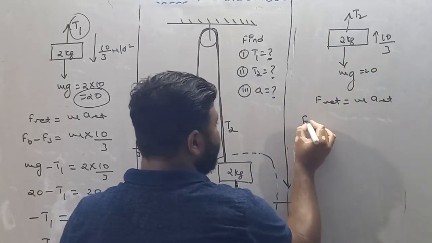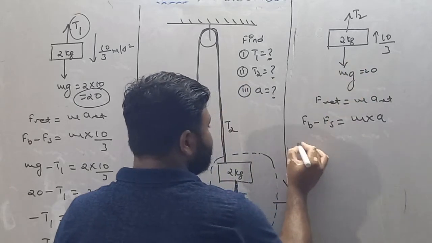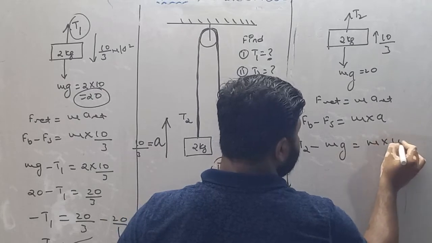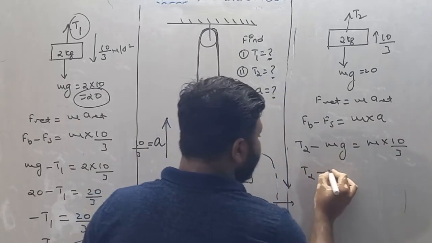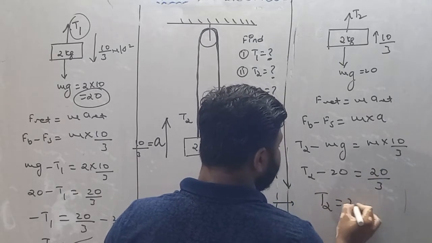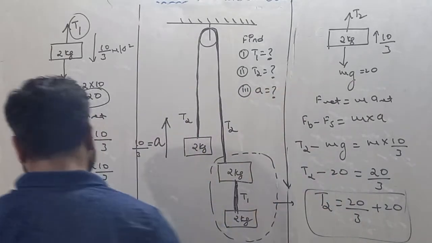F net means bigger force minus smaller force is equal to ma. So T2 minus mg is equal to m into 10 by 3. So T2 minus 20 is equal to 20 by 3. So T2 is equal to 20 by 3 plus 20. You'll get the value of T2.